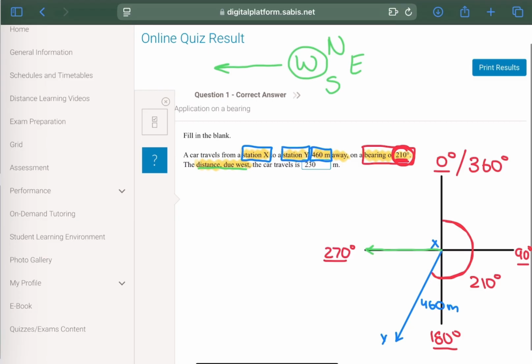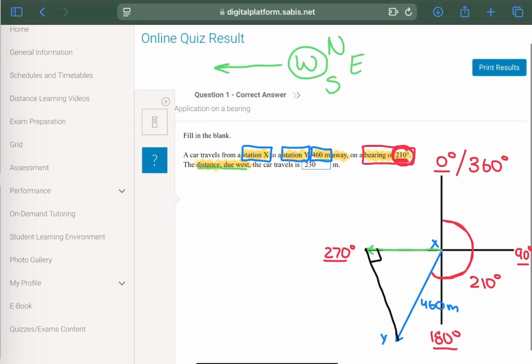Now to find the value of this green line, we're going to make this into a right angle by drawing a straight line perpendicular to the green line and adding a right angle here so that we can find the value of the green line.